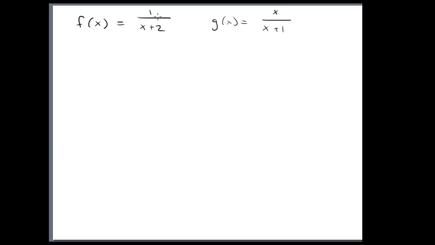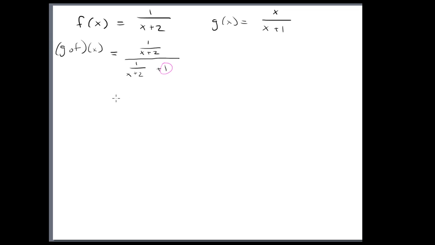What if f of x was equal to 1 over x plus 2 and g of x was x over x plus 1, and I'm looking to find g composed with f of x? This would be ugly. My numerator would be 1 over x plus 2. My denominator would be 1 over x plus 2 plus 1.